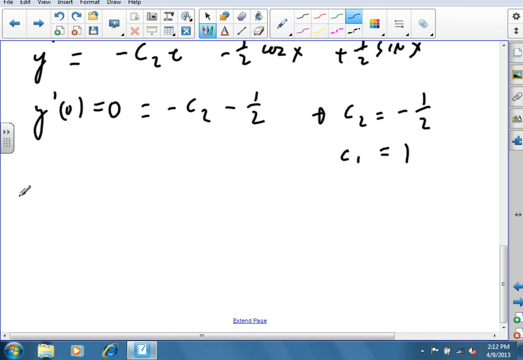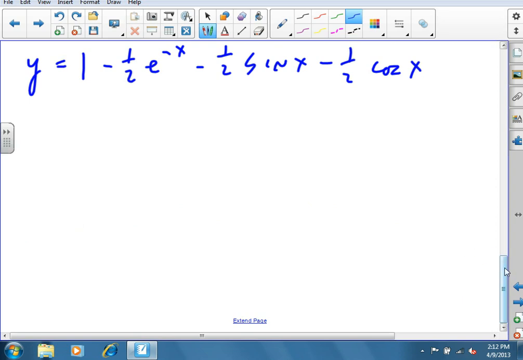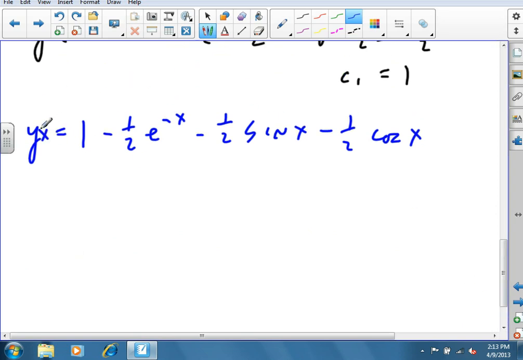So now we're going to write our final answer. y is equal to 1 minus 1/2 e to the minus x minus 1/2 sine x minus 1/2 cosine x. And then we're going to check our work. So that would be y of x is equal to this. That's my final answer.